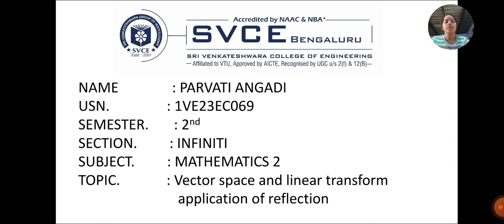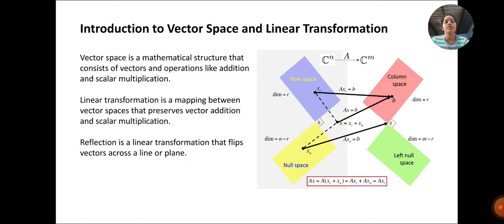Today I am going to discuss vector space and linear transformation, with an application of reflection. Introduction to vector space and linear transformation. A vector space is a mathematical structure that consists of vectors and operations like addition and scalar multiplication.